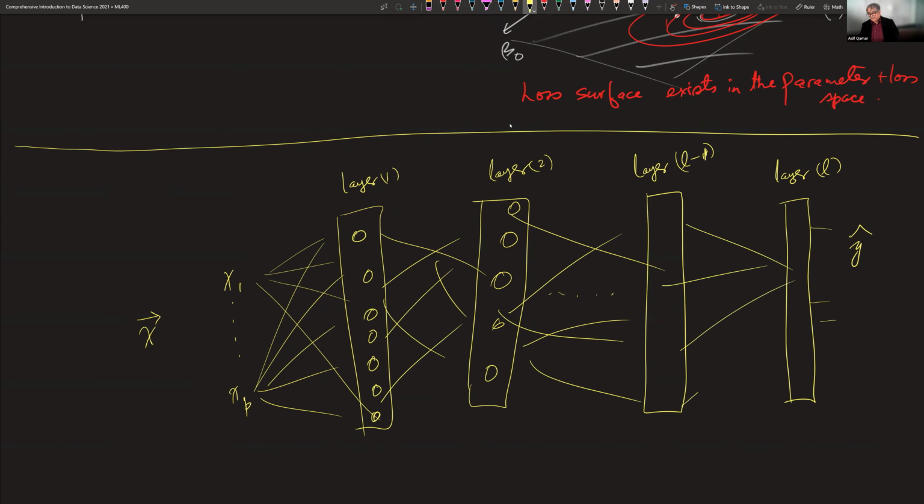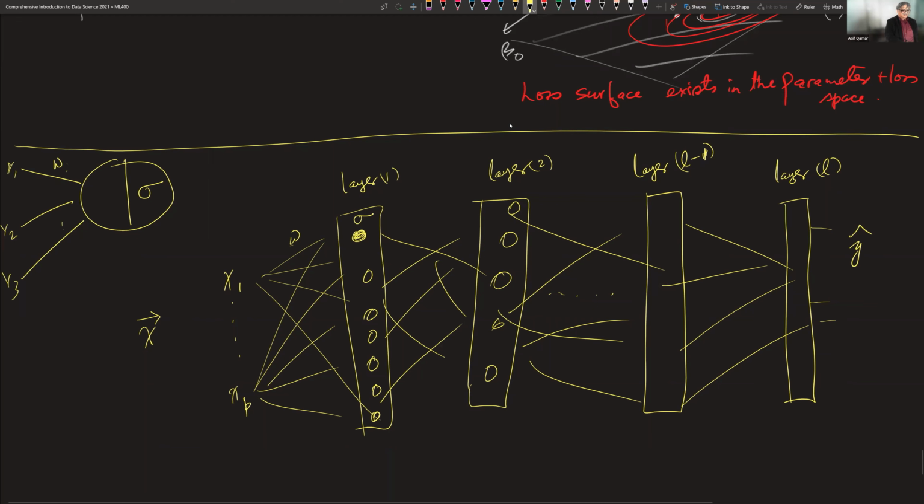So what happens? You give it X, there'll be weights here. It will go through an activation here. Remember the basic idea? Each neuron is made up of an activation function, a distortion function, which I write as sigma, and then weights W, and whatever input comes, x1, x2, x3, let's say.